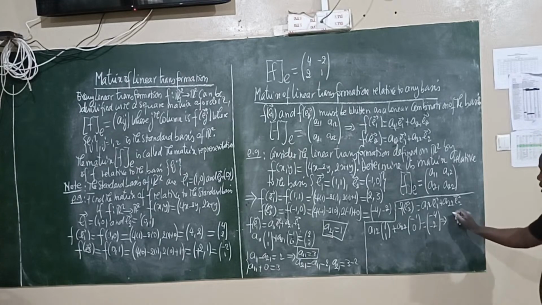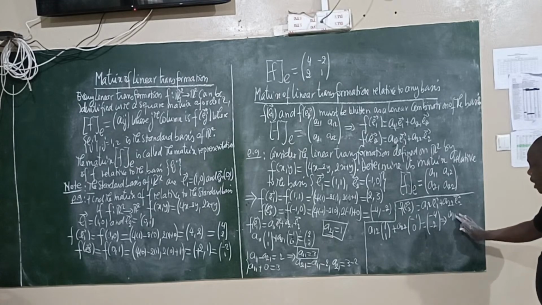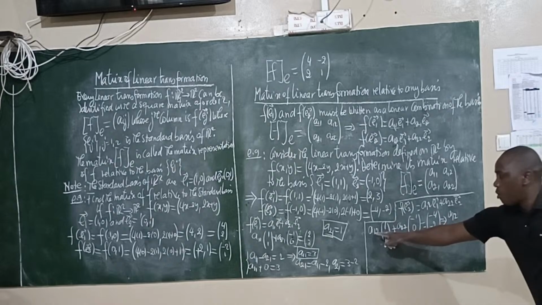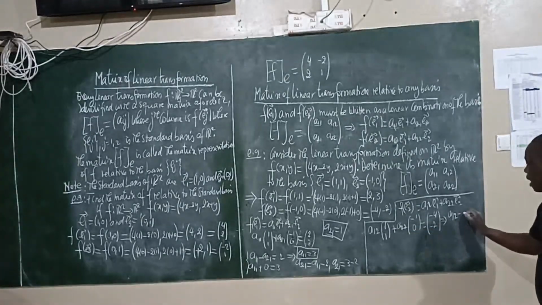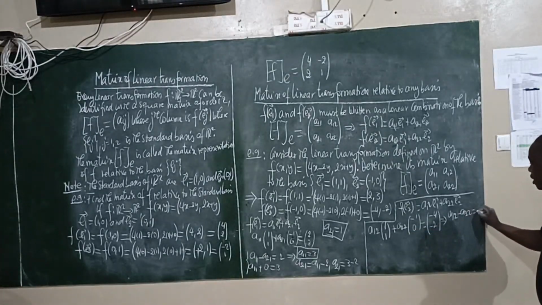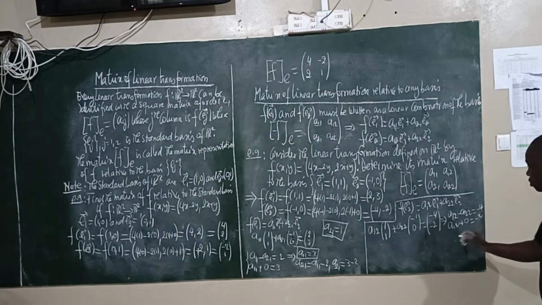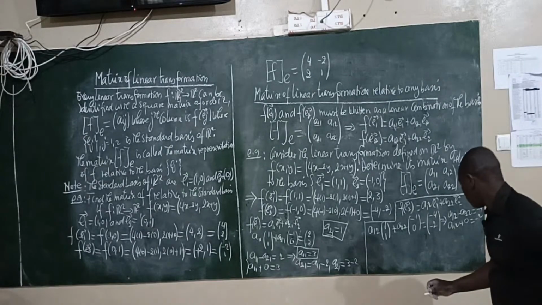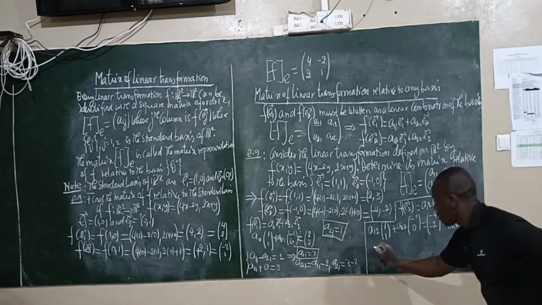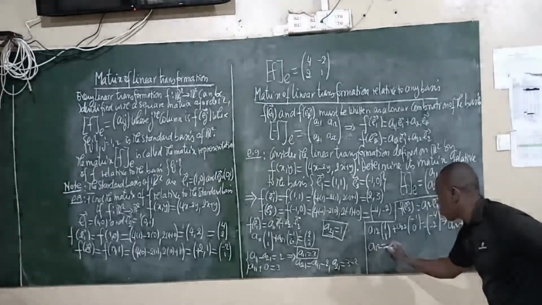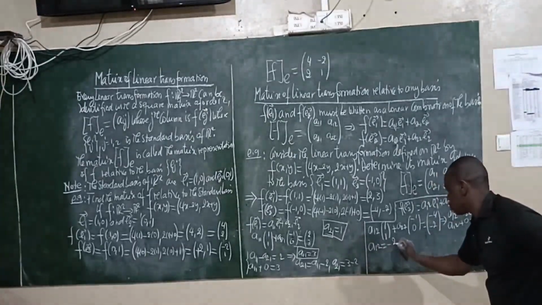This implies a12 times 1 minus a22 is minus 4. A12 plus 0 is going to be minus 2. Here, a12 will be given by minus 2.